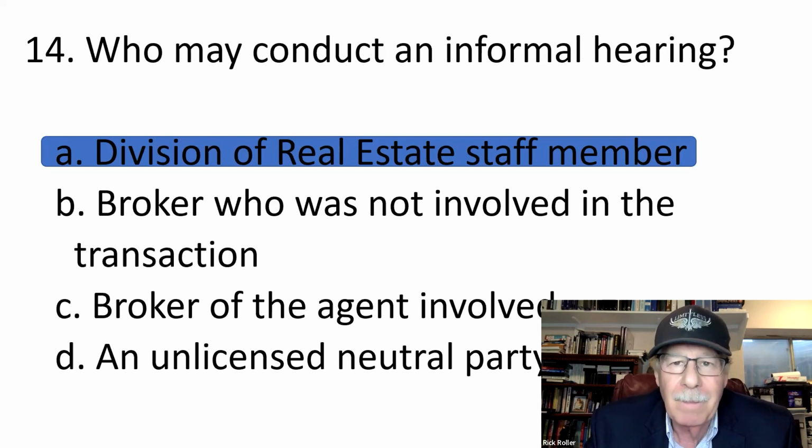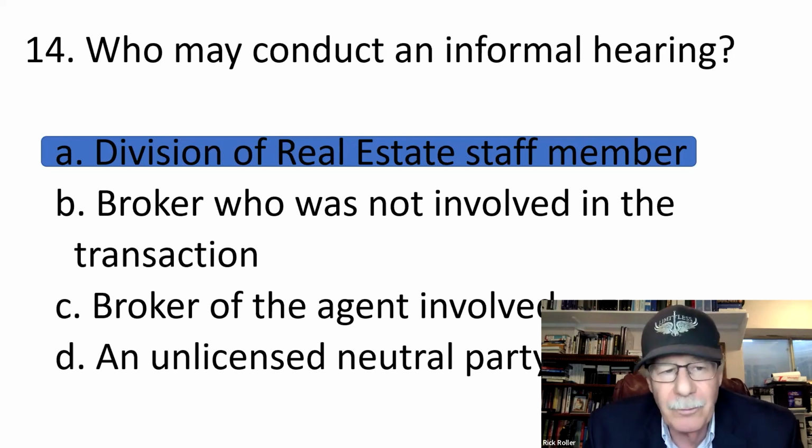Okay, but that's not an informal hearing. It's going to be someone at the real estate division. Where you see these guys is at the board of realtors when we're arguing over either ethics or commissions. C, the broker of the agent involved. D, an unlicensed neutral party.